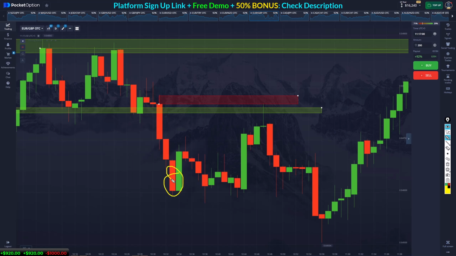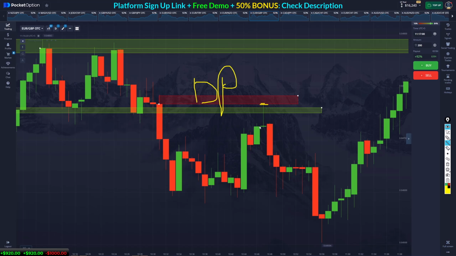Then the market created this double bottom, and it's coming toward this decision point. And you see this engulfing pattern. Instead of taking the trade right here with the sellers, which I know so many people will do, you would wait for it to come to this supply and then you enter the trade.